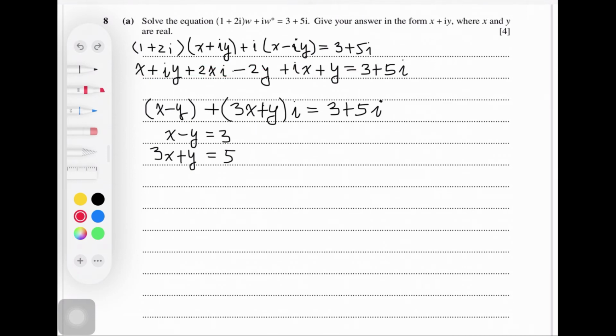Comparing the real part of the left hand side of the equation and the real part of the right hand side of the equation, we have the first equation, x minus y is equal to 3. And for the imaginary part, the second equation is 3x plus y is equal to 5.